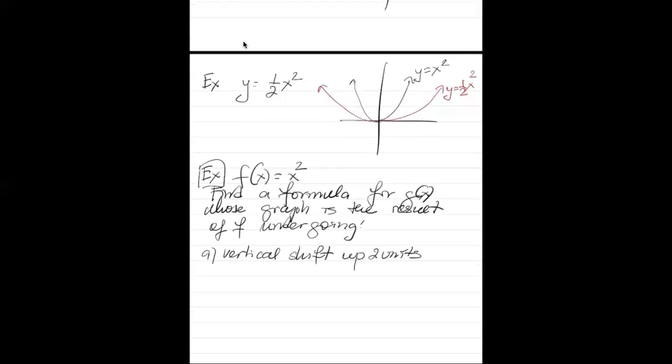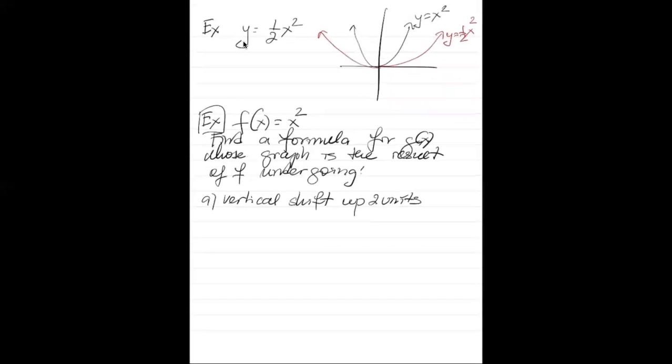So we need to write the equation. We don't have to graph it, just write the equation of g. So g of x would be our function that's given, x squared plus 2.